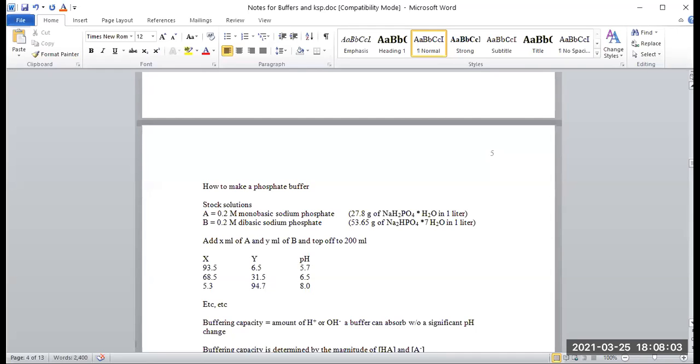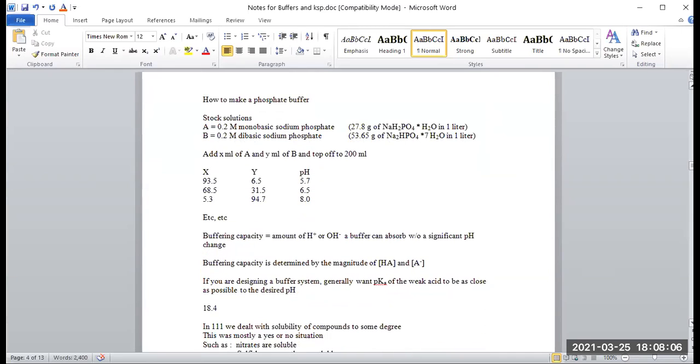A couple more buzzwords here. Buffering capacity. So buffers are not unlimited, okay? If you dump enough H plus or enough OH minus, you can overwhelm them, okay? Basically, it kind of overflows, chemically speaking.